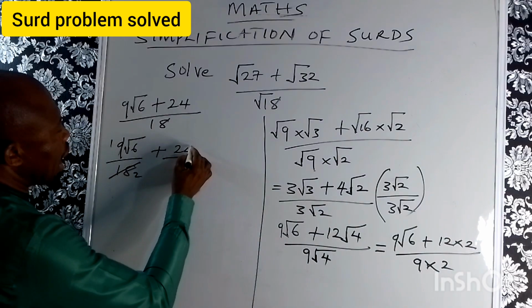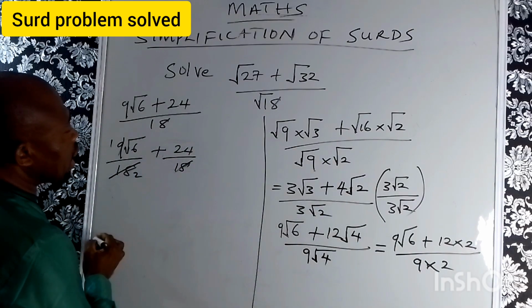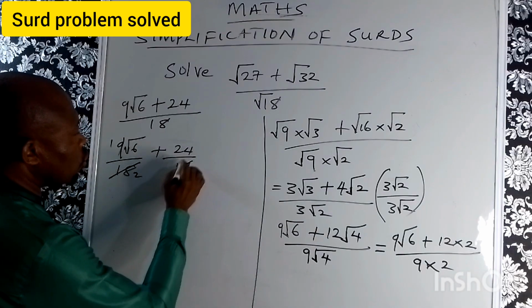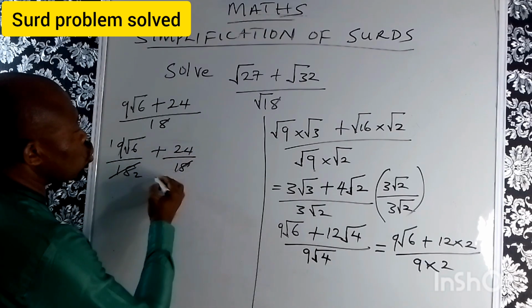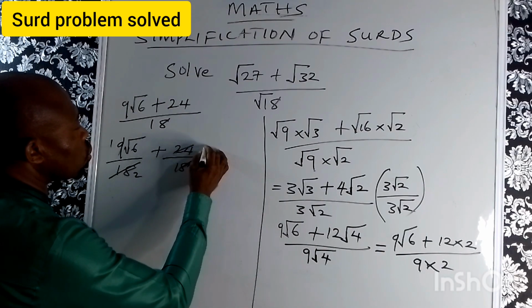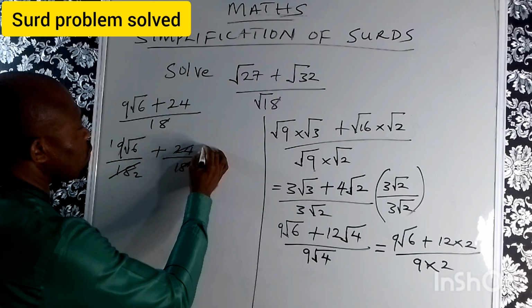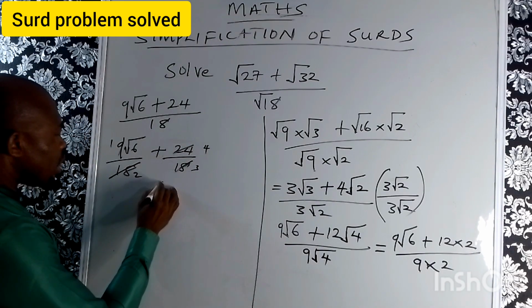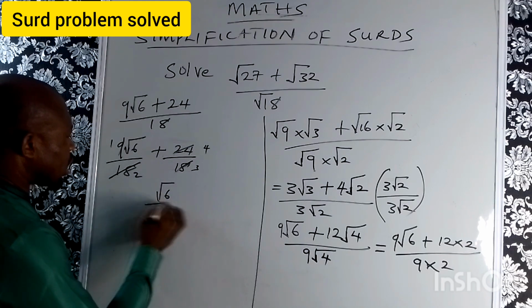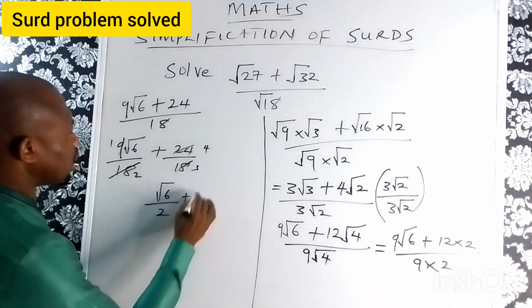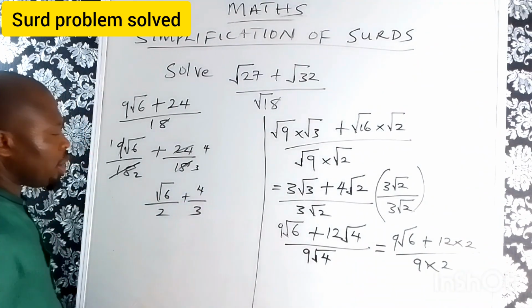Let's use 6. 6 can go here to give you 3, and 6 can also go here to give you 4. So which will give us root 6 all over 2 plus 4 over 3.